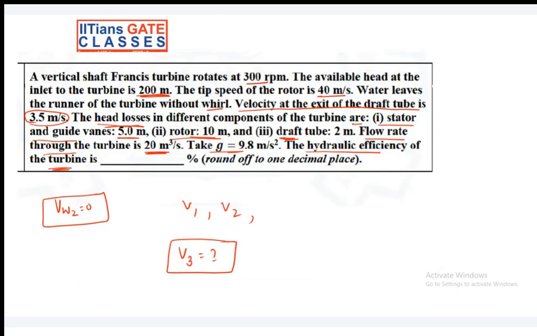This was the ratio of the head developed by the turbine divided by the head available. In terms of head, the hydraulic efficiency is the head developed by the turbine divided by the head available to the turbine.